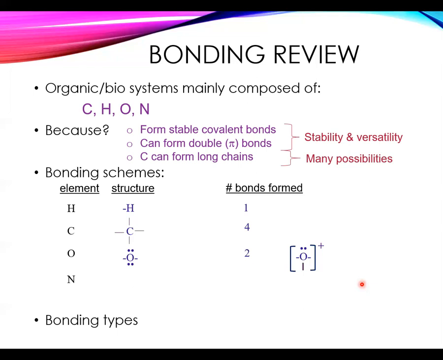If it does that, it will take on a positive formal charge. You've seen this before in acid-base chemistry, where we had the hydronium ion, H3O+. So the fact that oxygen forms two bonds is in relation to it having a neutral formal charge.